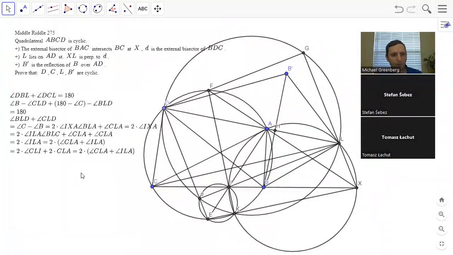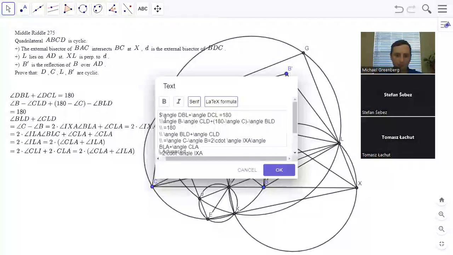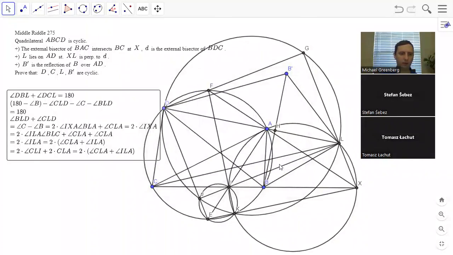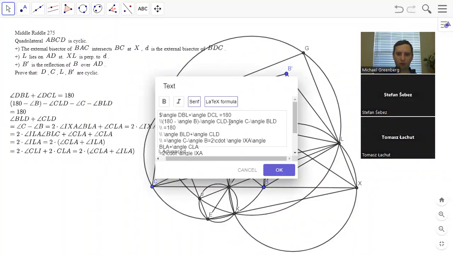So I think in your picture it will be 180 minus B, and the other one will be just C, since your triangle ABC is tilted to the right. So it's a different configuration than you had. And this one is just C. Plus C. And that is equal to 180.